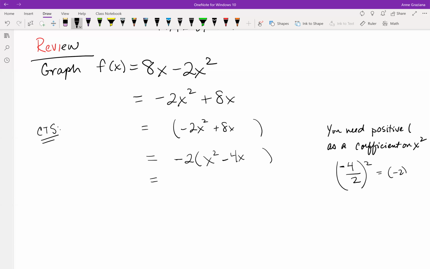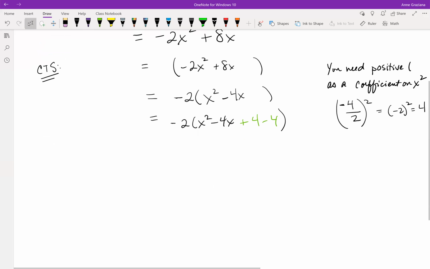So that's -2 squared, which equals 4. So this is -2 times x squared minus 4x, and I'm going to add 4 and subtract 4 inside the parentheses. So I'm adding 0. Basically, I don't want to change it. All right, so then I have -2 times this x squared minus 4x plus 4.